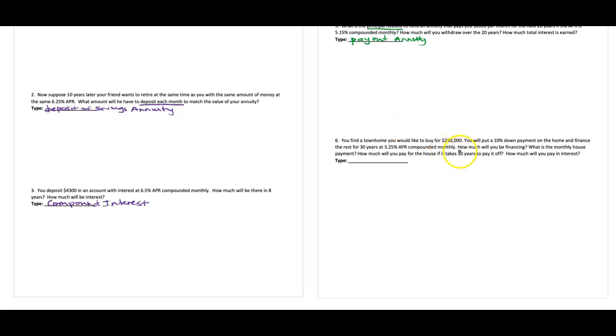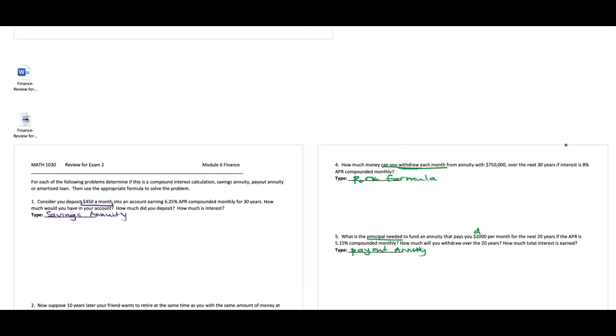But the part we want to figure out is the monthly house payment, which tells us which formula to use. So we're going to use that PORC formula again when we're trying to find that monthly payment.